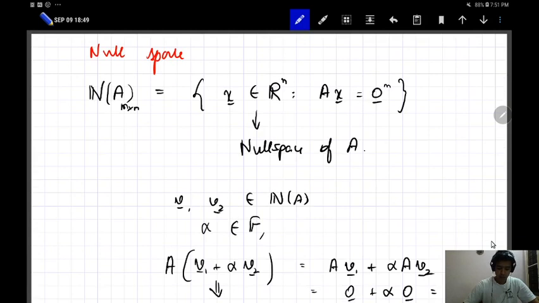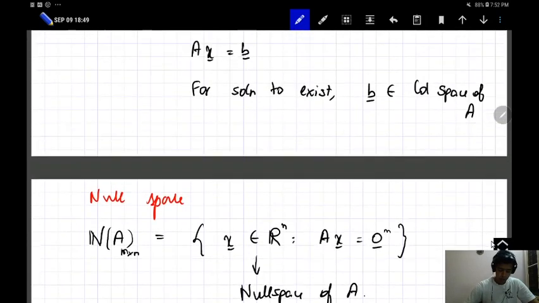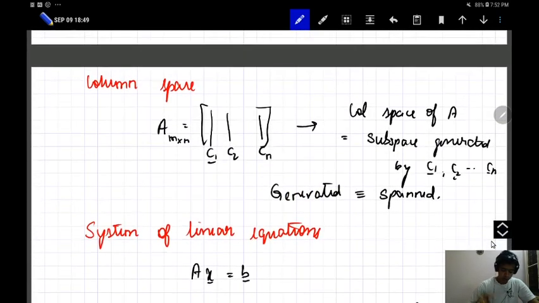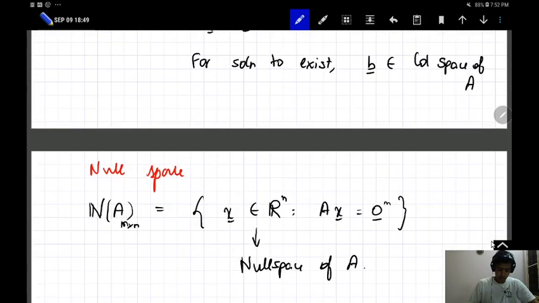So now, associated with a matrix, we've seen two different subspaces, the column space and the null space. But one very important thing to note is that the column space for a general m by n matrix is a subspace of Rm. This is the space spanned by the columns of A. Whereas the null space is a subspace of Rn.